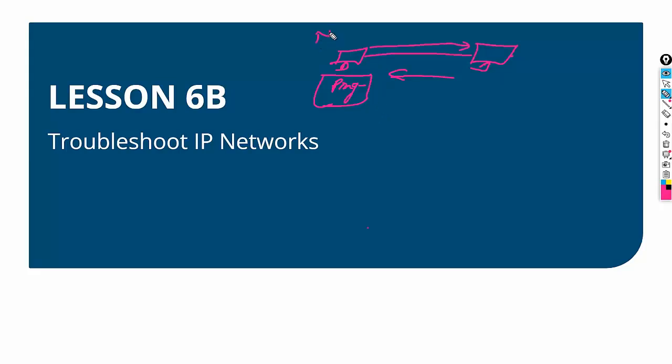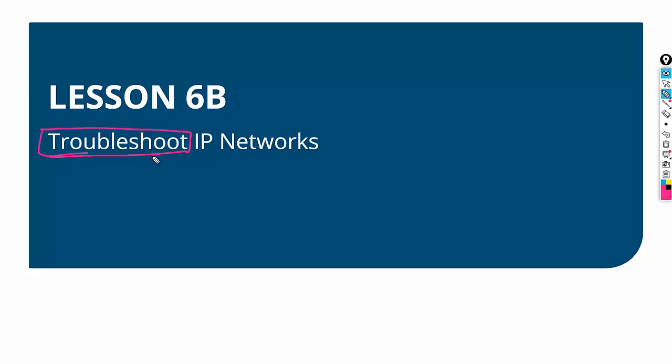This is the work of the network administrator. Now other things will be done by the other person. So in this section we will discuss how to troubleshoot the IP networks if you are getting the problem.